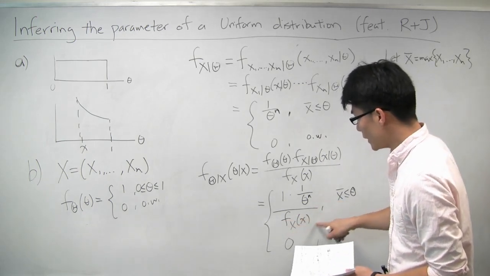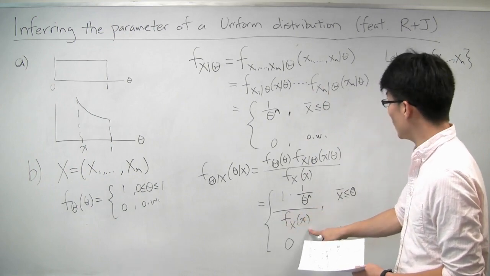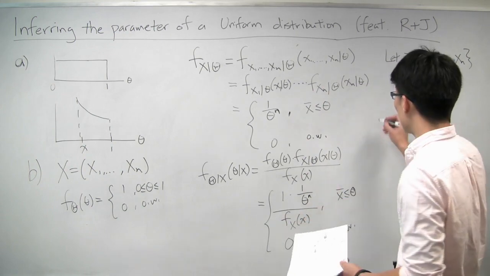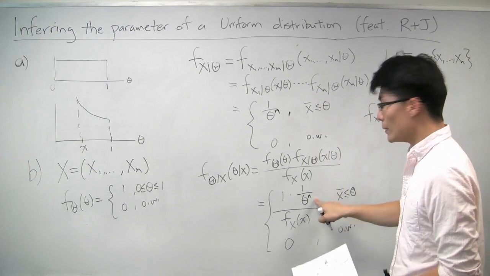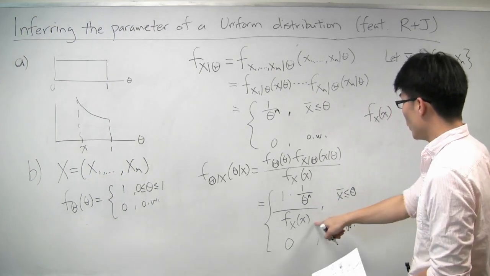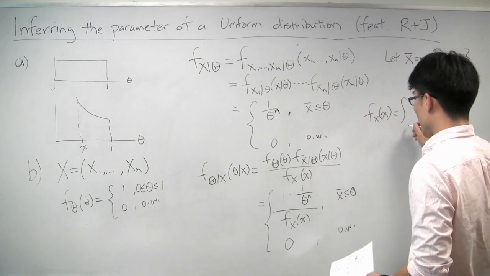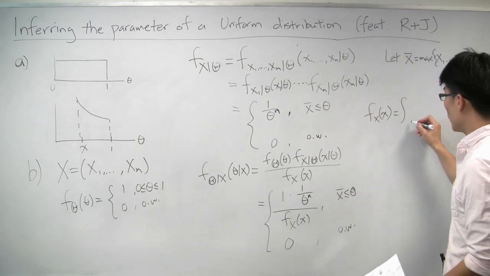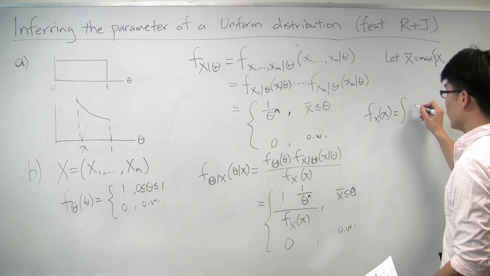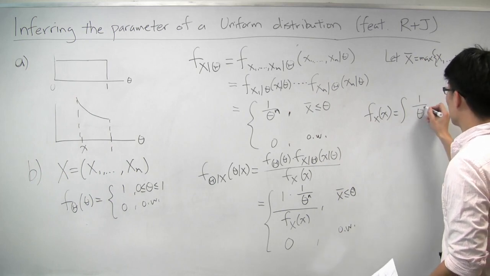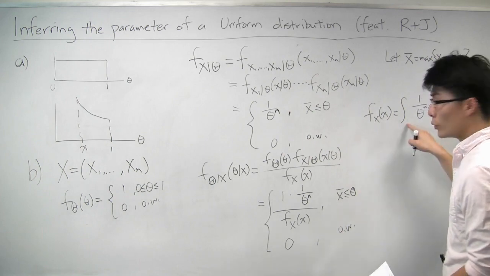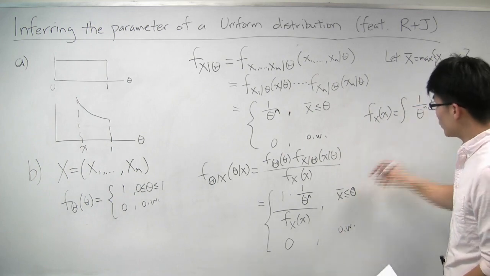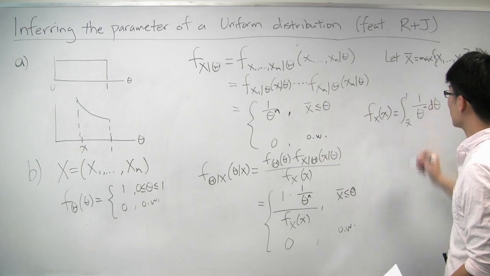Again, we need to calculate out what exactly this denominator is. But just like before, it's actually just a scaling factor, which is independent of what theta is. So if we wanted to, we could calculate this out. It would be, just like before, the integral of the numerator, which is 1 over theta to the n d theta. And we integrate theta from, before it was from x to 1, but now we need to integrate from x bar to 1.